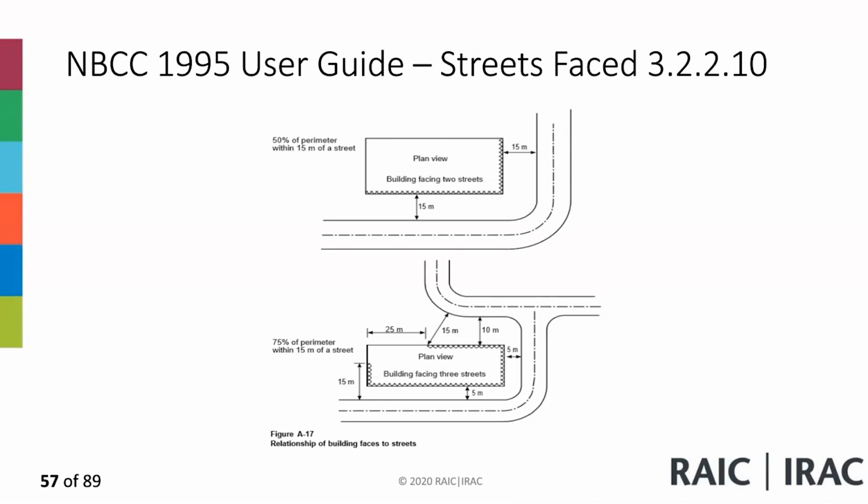In that case, the stepped buildings are divided by firewalls. So each building you have to determine as a building. Sentence 2 tells you, except as permitted in sentence 3, where portions of buildings are completely separated by a fire separation that has a fire resistance rating not less than 1 hour, and extends through all stories and service spaces of the separated portion, each separated portion is permitted to be considered a separate building only for the purposes of determining building height.